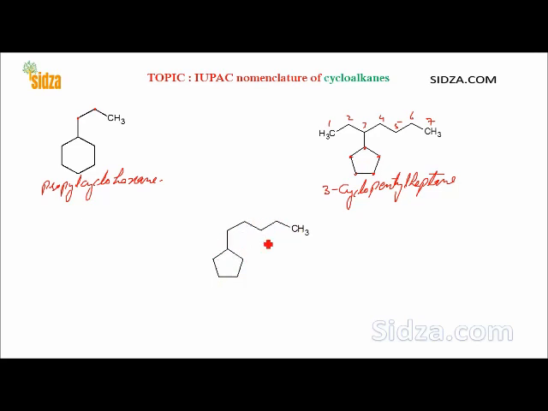So therefore the alkyl group is the substituent group, and it's a derivative of a cycloalkane. The alkyl group will be considered as a substituent group, so it is pentyl, 5 carbon atoms, 1 2 3 4 5, so it is pentyl cyclopentane.